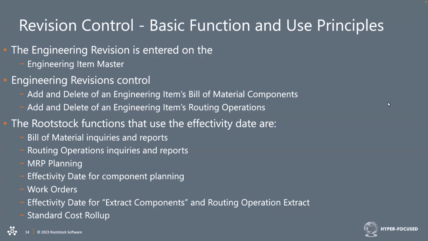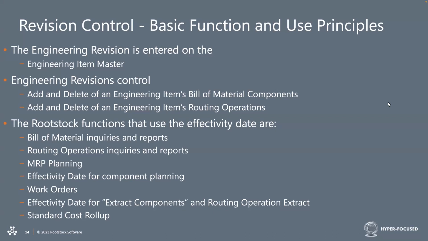If you want to phase in components in the future, you might have a revision that is pending. You can do that planning, but until they're in an implemented state, it's not the official revision at the time. Work orders are going off the implemented revision, and again, the standard cost roll-up.